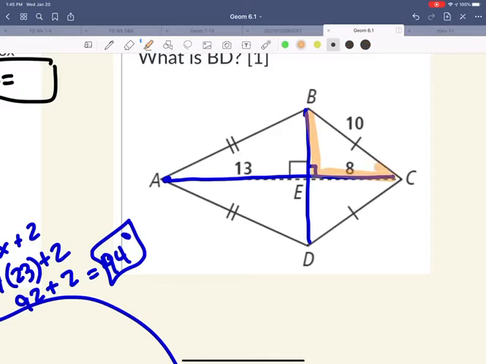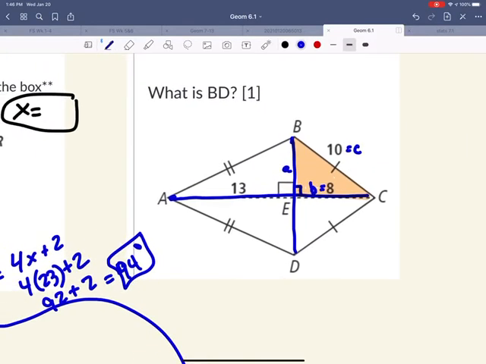So I want to focus on this right triangle because I know 2 of the 3 sides, right? I don't know that side, but I could call this B and this C and use the Pythagorean Theorem. So I don't know A, but I know B is 8, so I can do B squared. And I know the hypotenuse is 10.